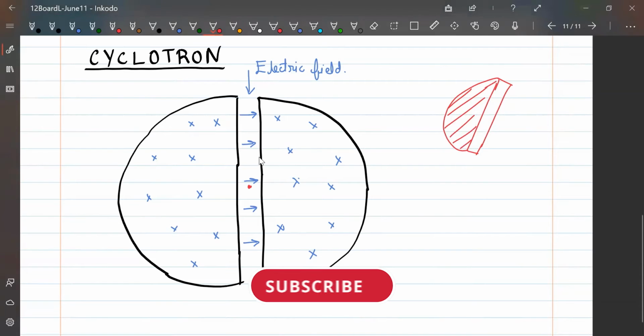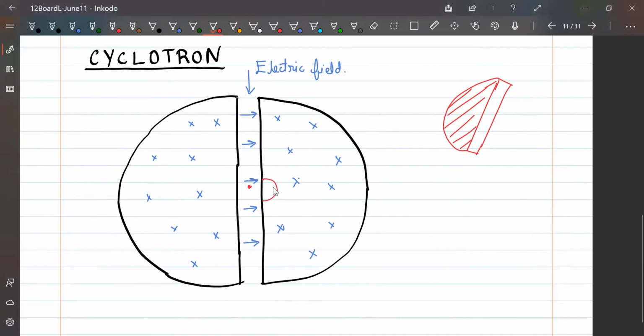So we get a velocity like this, and after it gains some velocity, it will go inside the magnetic field region, and its path will be semicircular, v cross B. So let us say it starts from here. It goes on like this, and then again in the electric field, after some time, the direction of the electric field is changed.